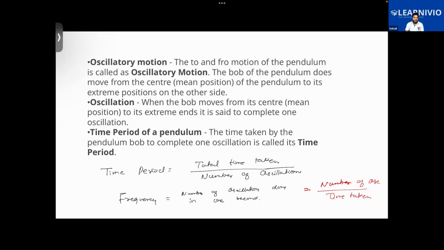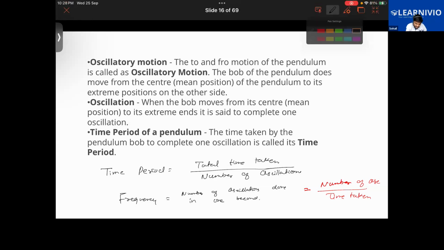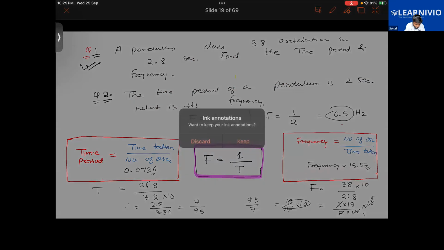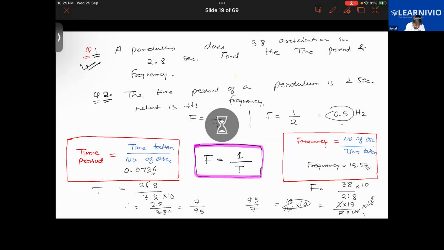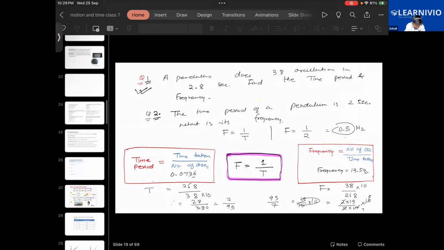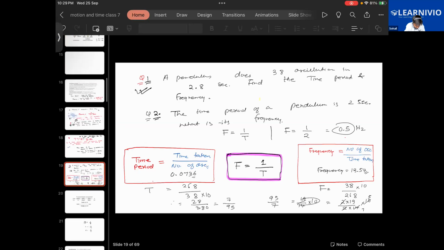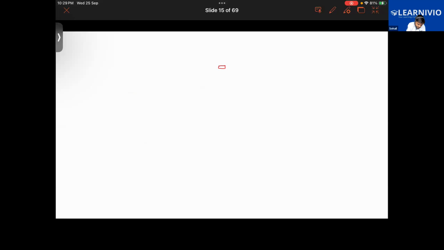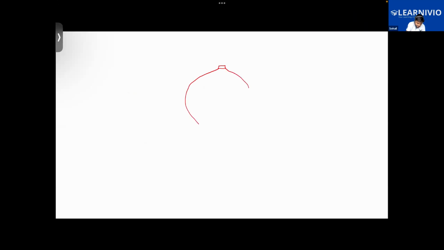So when an object moves about a fixed axis, all the parts of the object move in a circular path. I mean to say that you have a spinning top like this.